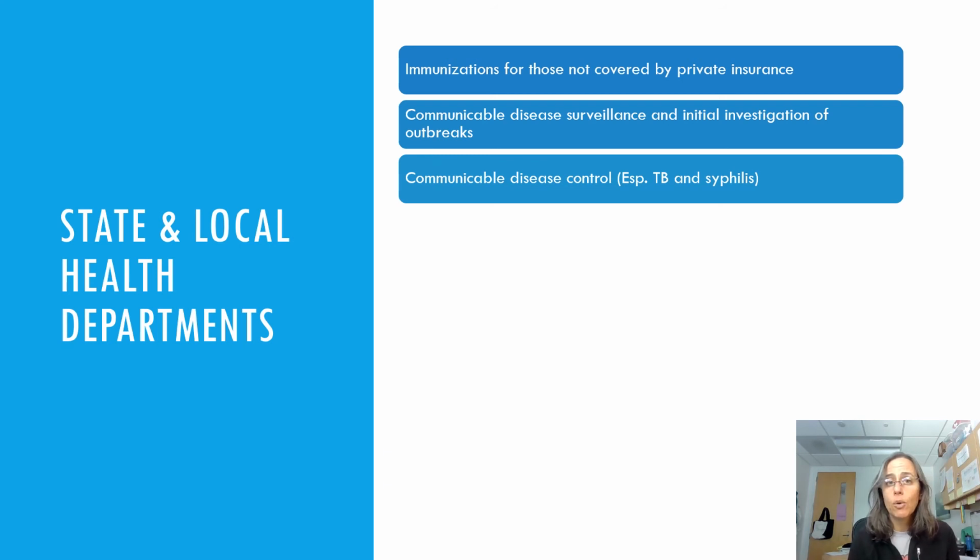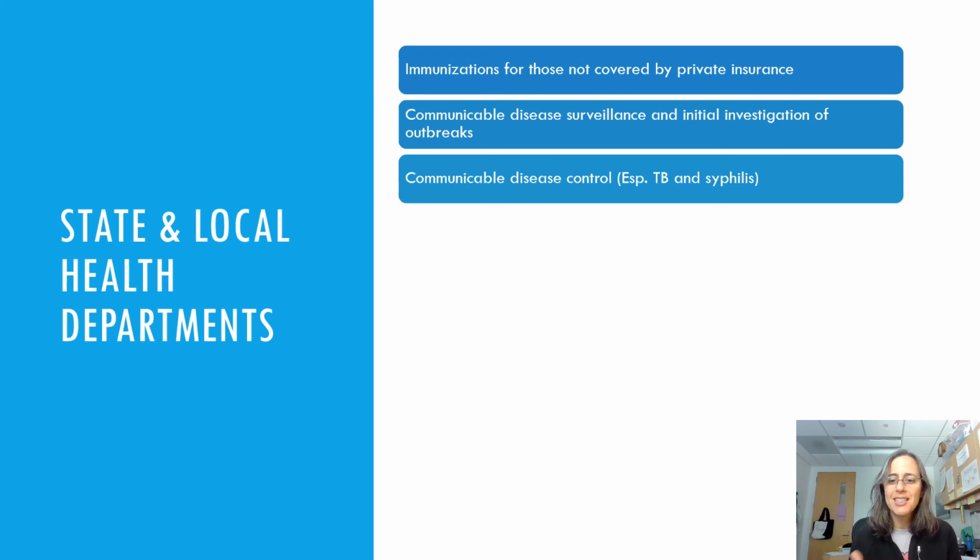Communicable disease control. This includes everything from quarantine and isolation and enforcement thereof to mask mandates and things like that. Dane County, for example, has a mask mandate. Dunn County doesn't. It also includes things like screening for and treating communicable diseases.